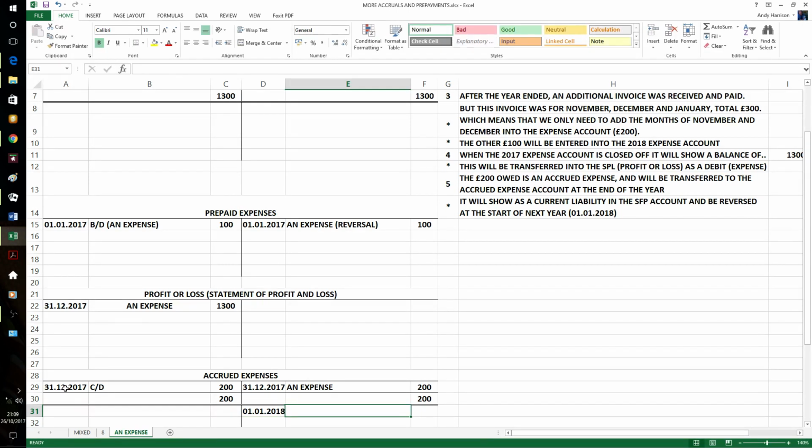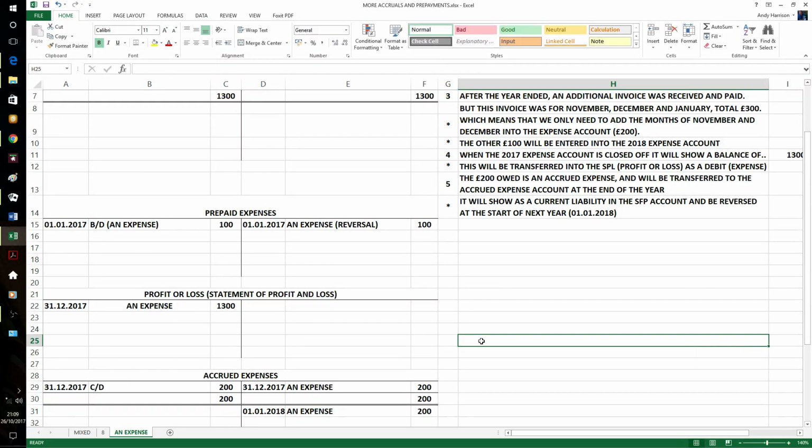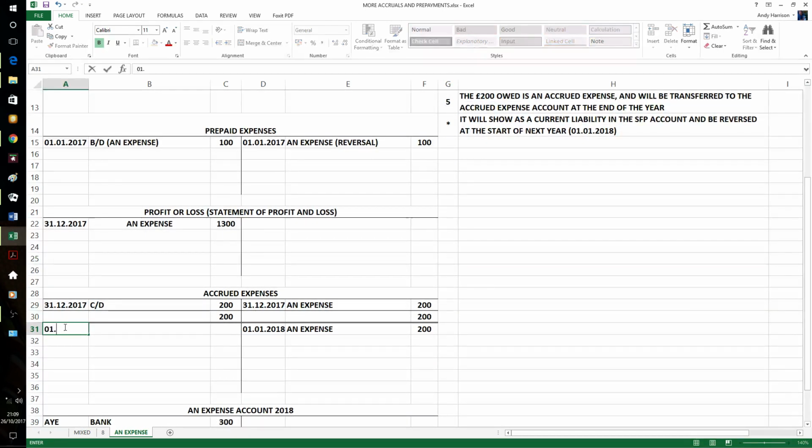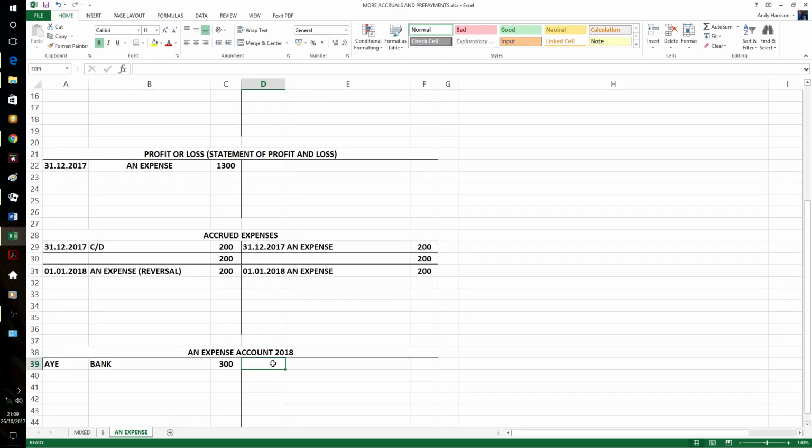Now of course this is 2018. And that is what then gets reversed into next year's expense account. So let's do that one then. One debit entry. Put the right date in.